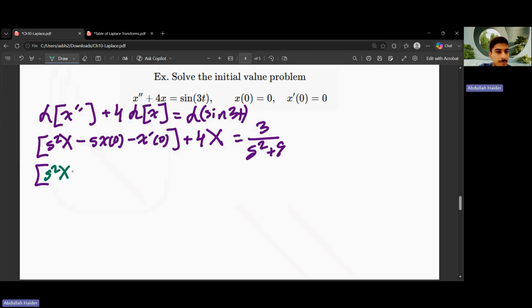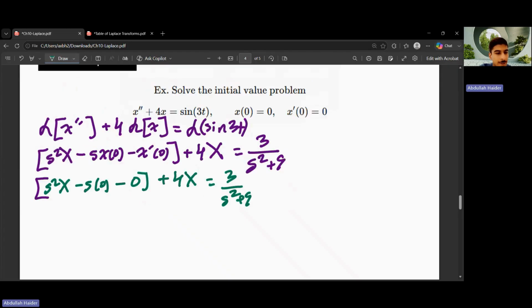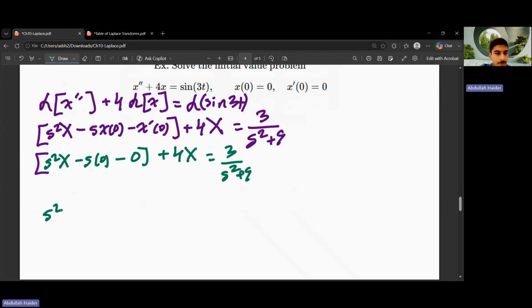s squared big X minus s x0, which is 0, minus x prime of 0, which is 0, plus 4 big X equals 3 over s squared plus 9. So in this case, s squared big X minus 0 plus 4 big X equals 3 over s squared plus 9.